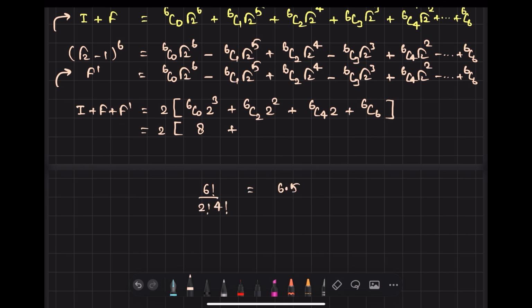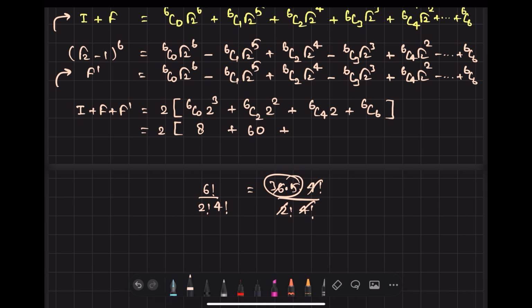So 6, 5, 4 factorial by 2 factorial, 4 factorial. This thing is gone. So 5 threes are 15, and we have 15 into 4, so it will become 60.